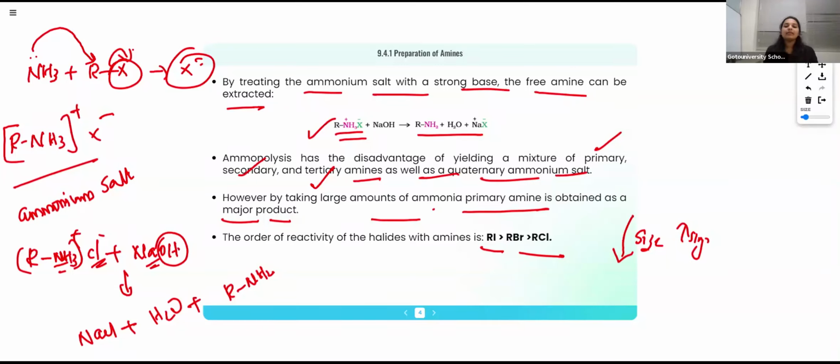So in case of alkyl iodide, alkyl bromide and alkyl chloride, what is the conclusion you can give? Alkyl iodide means iodine is there, but iodine is the biggest halogen atom compared to chlorine, bromine and the others. So the bond between the carbon atom of the alkyl group and iodine will be weak.